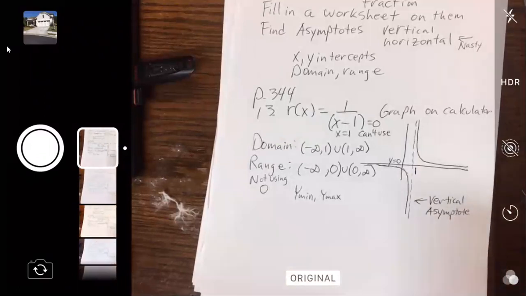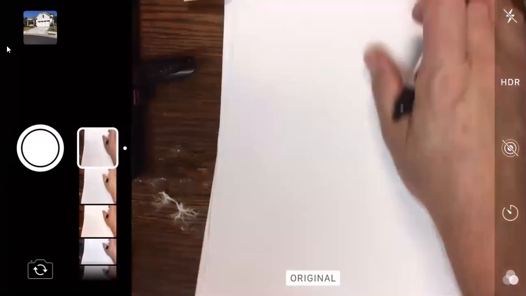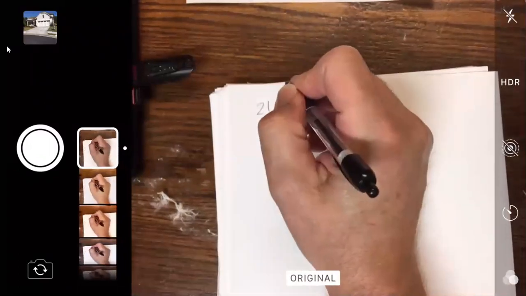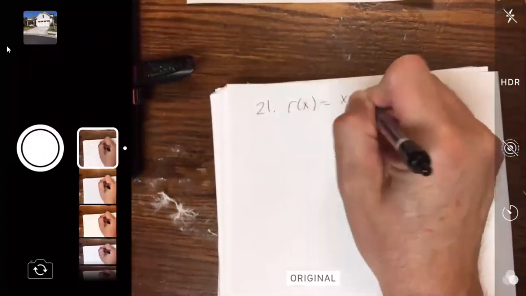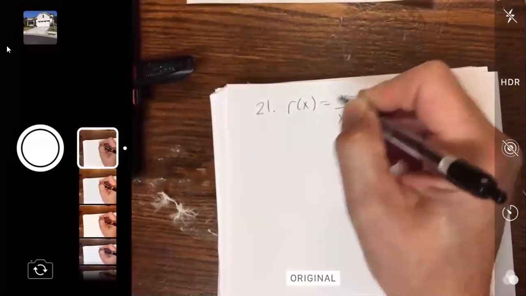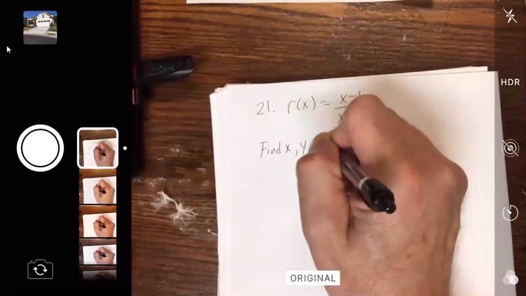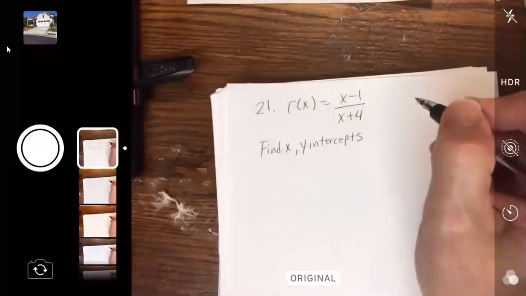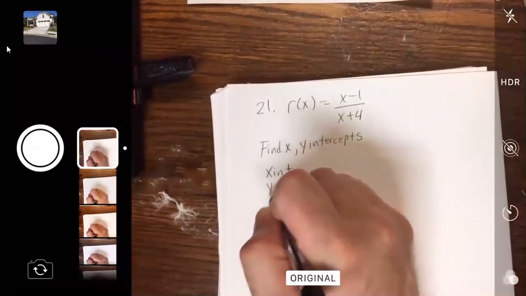All right, 21, they zero in on intercepts. R of x equals x minus 1 over x plus 4. Find x and y intercepts. On an x-intercept, if you remember, the other letter, y, is 0.